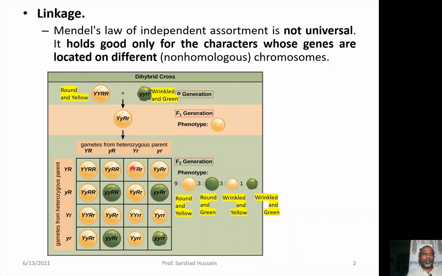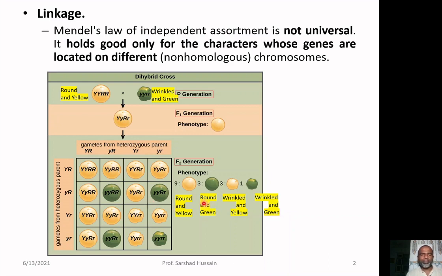Now, when you look at the F2 generation, produced by crossing one F1 with another F1, four possible types of gametes are formed. I will not discuss them again, but what was the law of independent assortment?